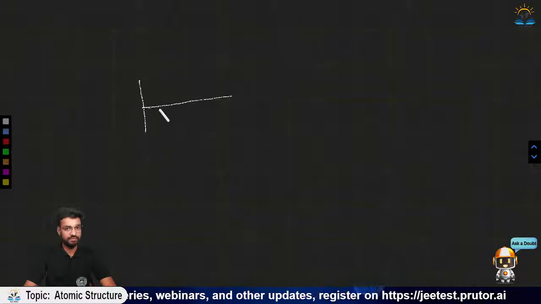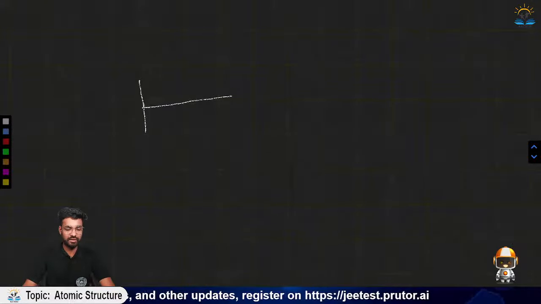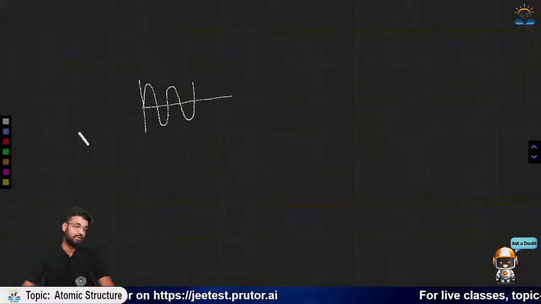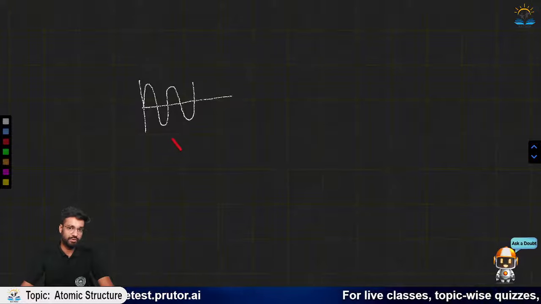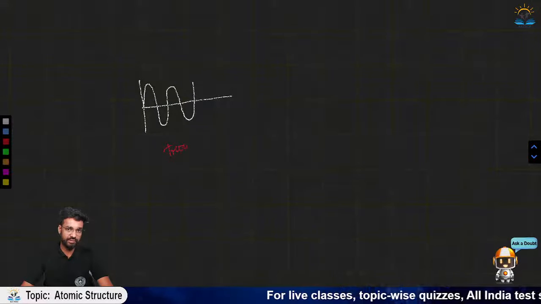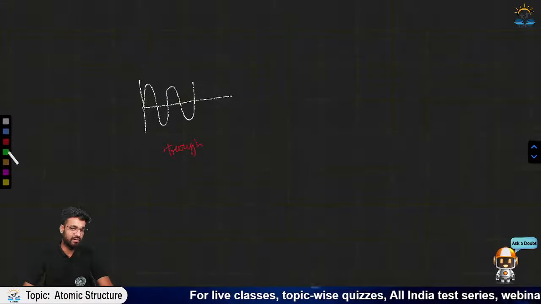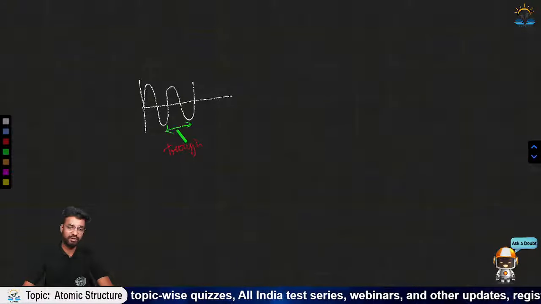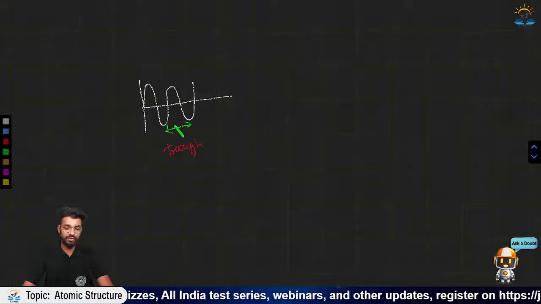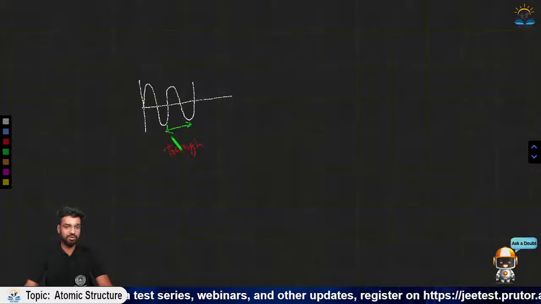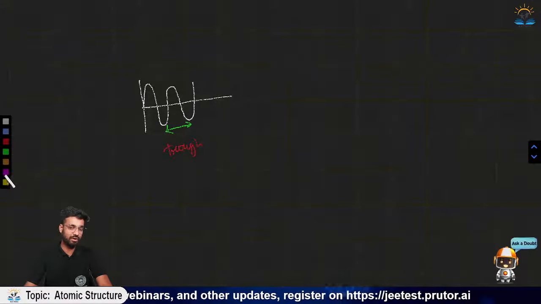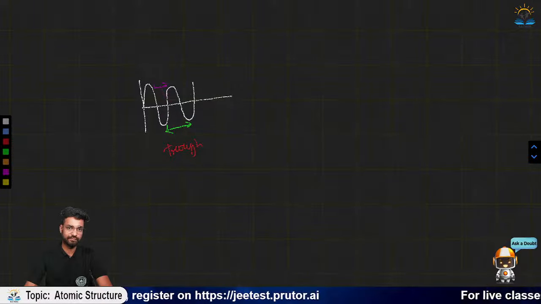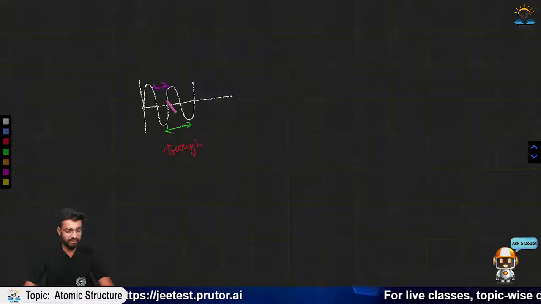Suppose this is our oscillating field, and this is our trough. The distance between these two troughs can also be wavelength, but these two troughs should be consecutive. So the distance between two consecutive troughs is wavelength, or two consecutive crests is also wavelength.